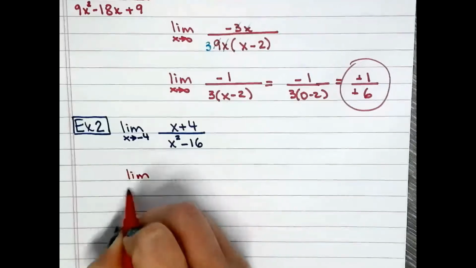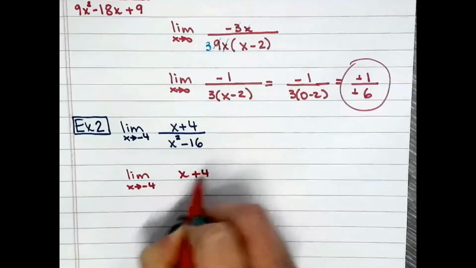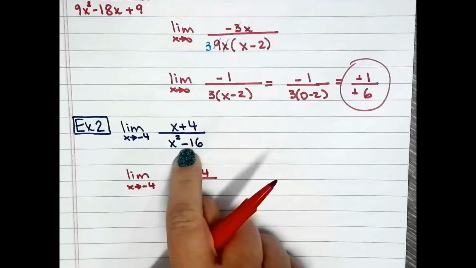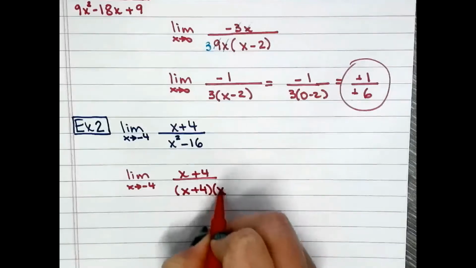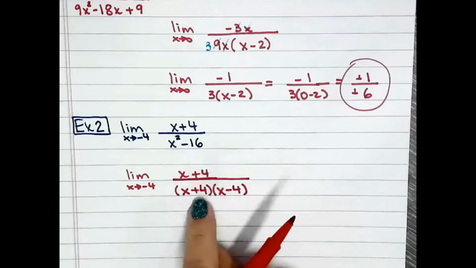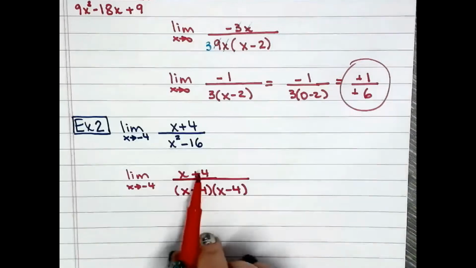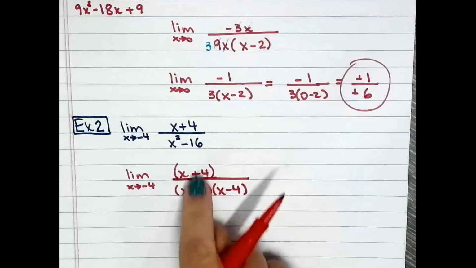So limit as x approaches negative 4 of x plus 4. Now remember that when you're factoring the difference of squares, I have x plus 4, x minus 4. You are only able to simplify this function if your numerator and denominator have the same binomial.